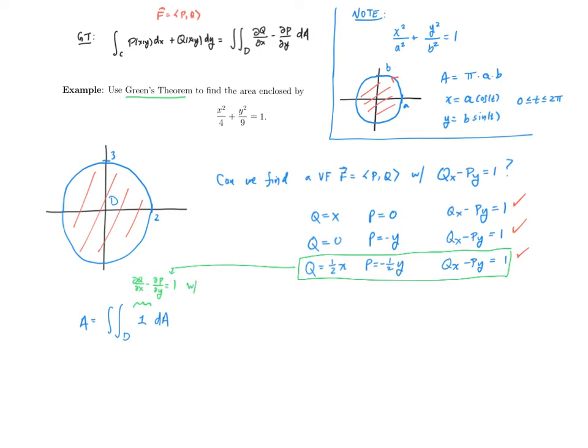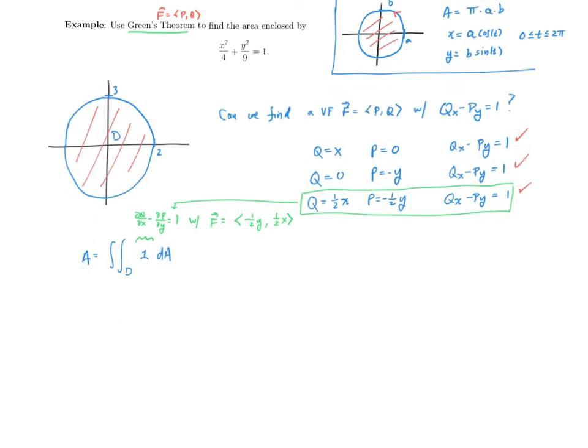So in this case, our vector field f would be given as p comma q. So minus 1/2 y comma 1/2 x. And what we would like to do is apply Green's theorem, but now kind of going in that reverse direction.